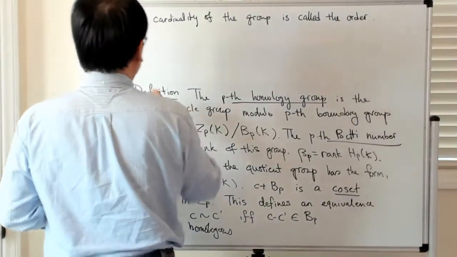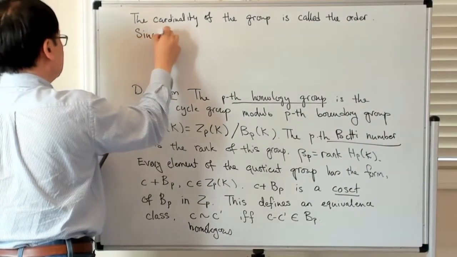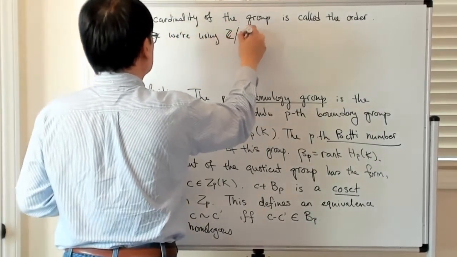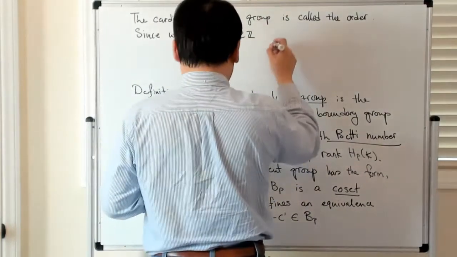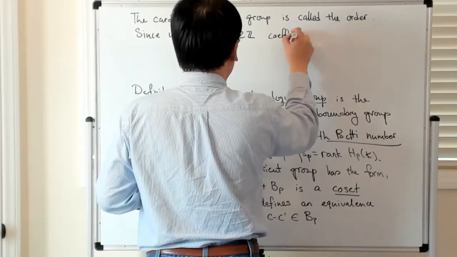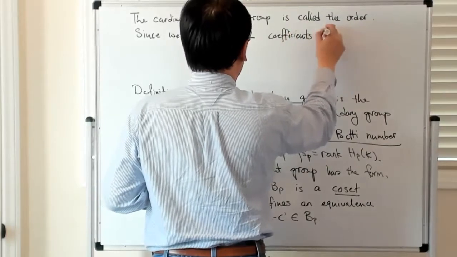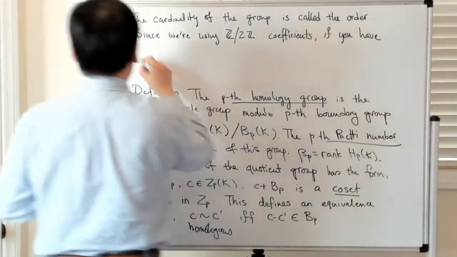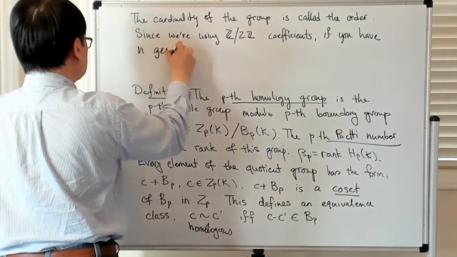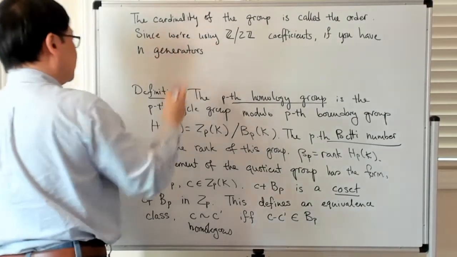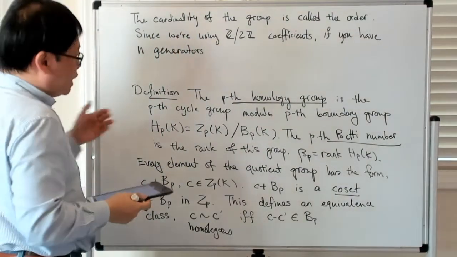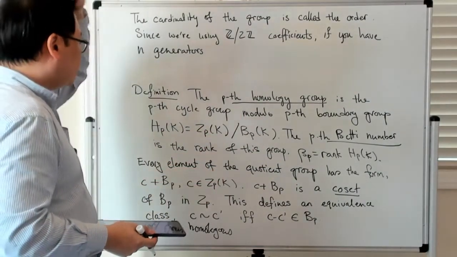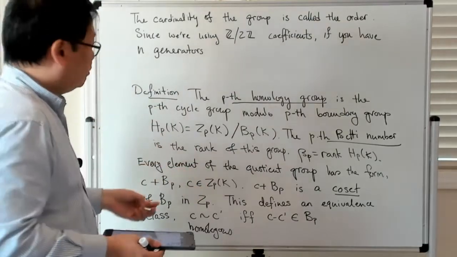Okay, and since we're using Z mod 2Z coefficients, if you have n generators of the group, so as an example, if you're just looking at the chain group and you had n p-simplices, then the p-chain group will have 2 to the n entries, if you will.